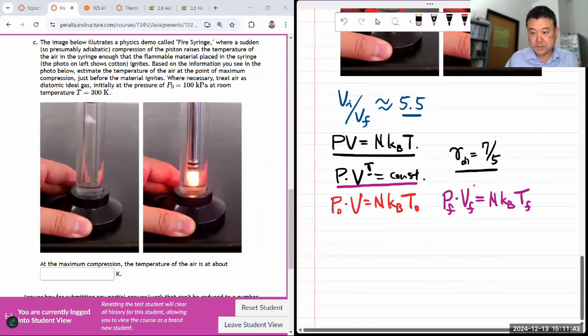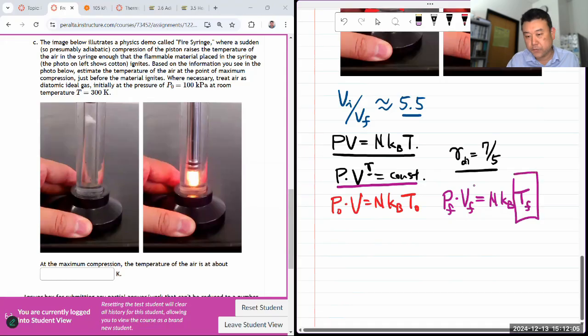Let me just do it the long way, not using any shortcuts. So we are trying to solve for T final.